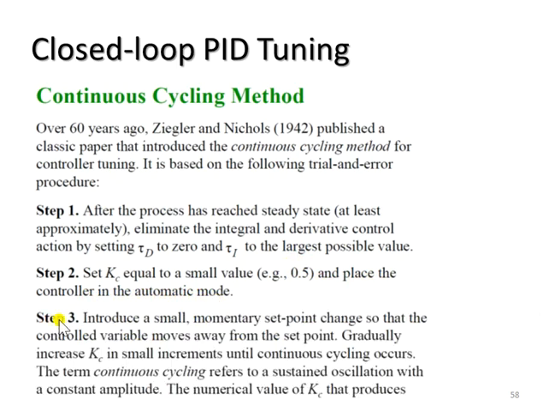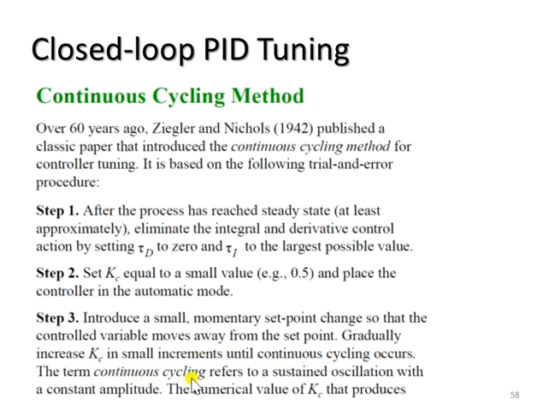In step 3, introduce a small momentary set point change so that the control variable or PV moves away from the set point, and then gradually increase the controller gain in small increments until continuous cycling occurs.